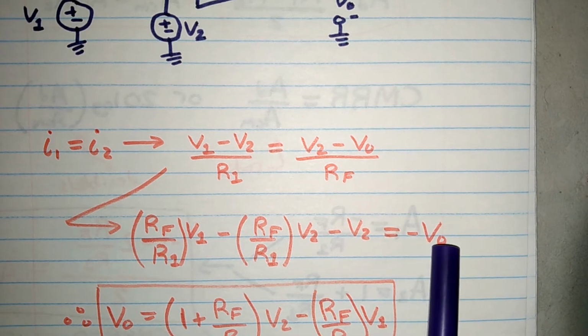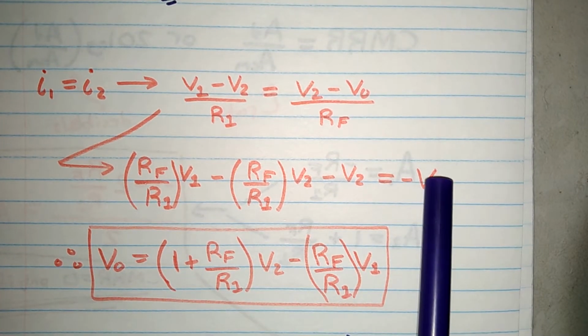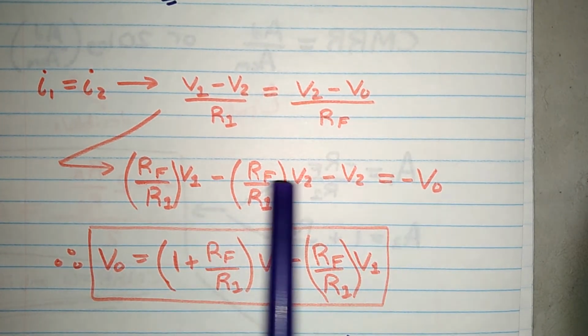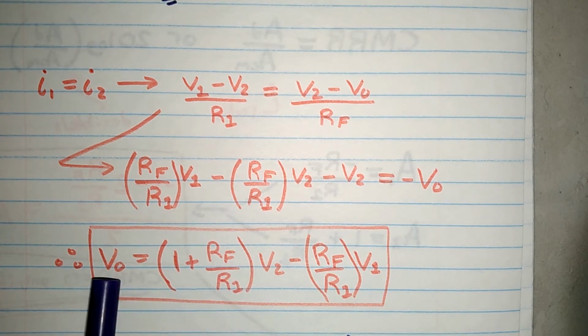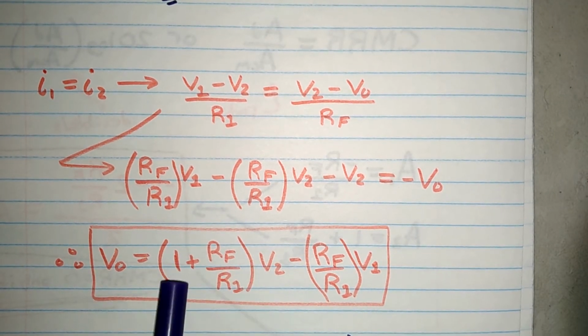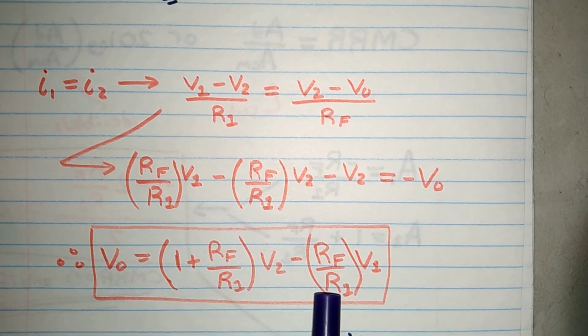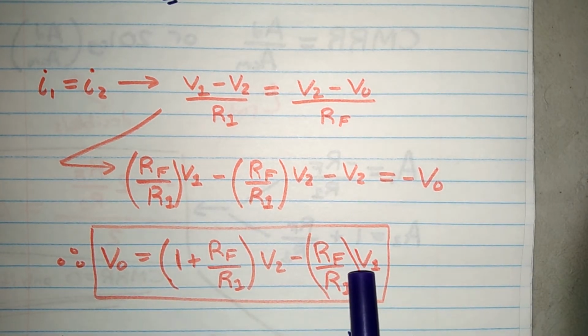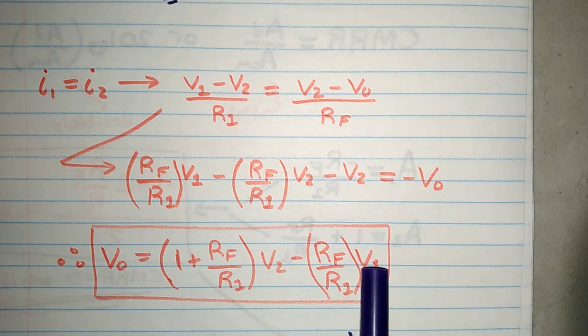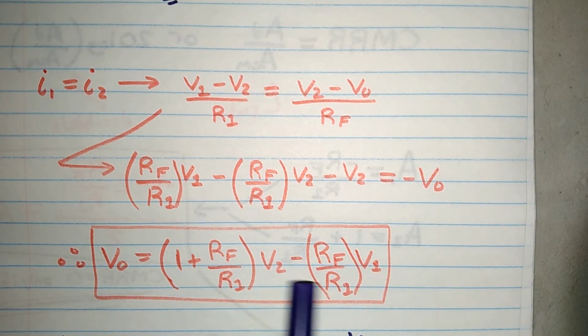And then if I rearrange this by multiplying by negative and taking common factor, I get Vout is going to equal to some number, which is 1 plus RF over R1, times V2, minus some constant over here, which we can adjust, RF over R1, times V1. In other words, this thing is taking the difference between V2 and V1.